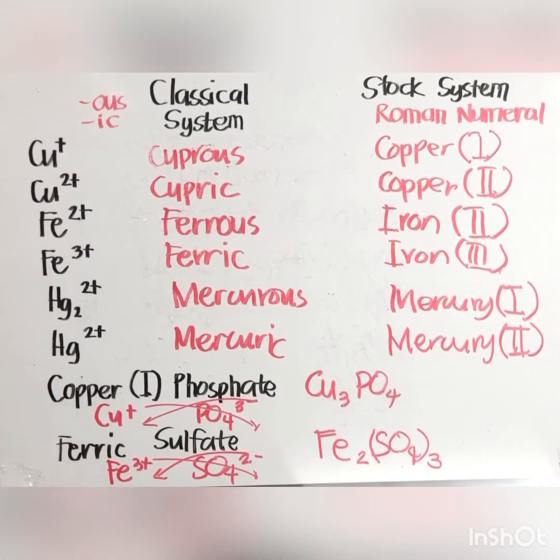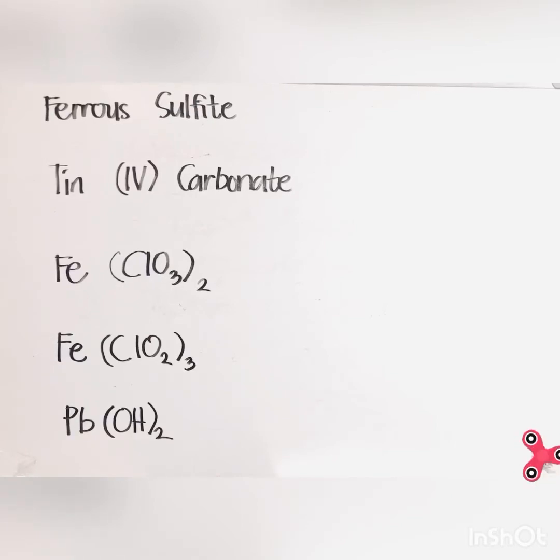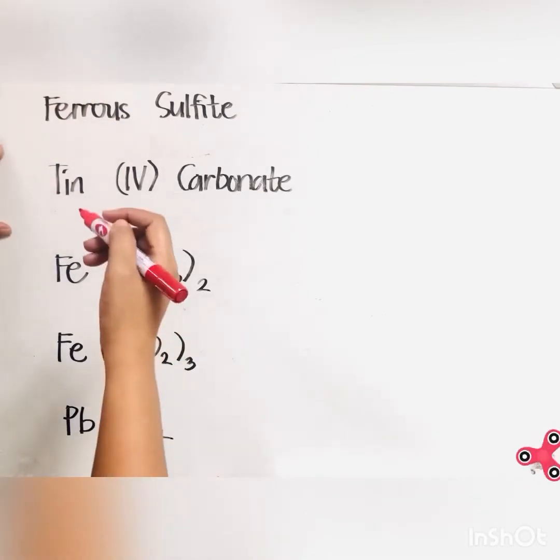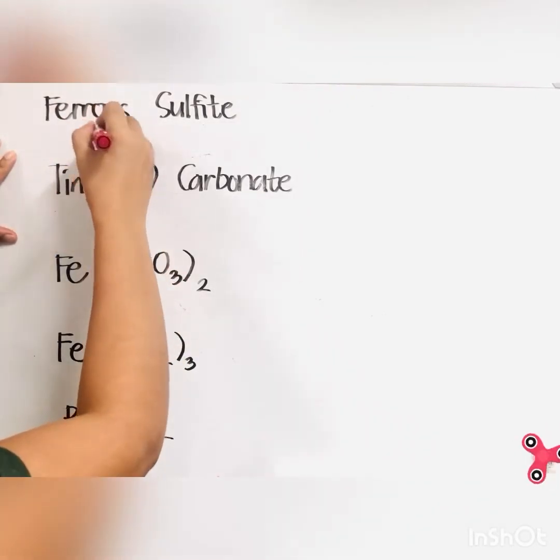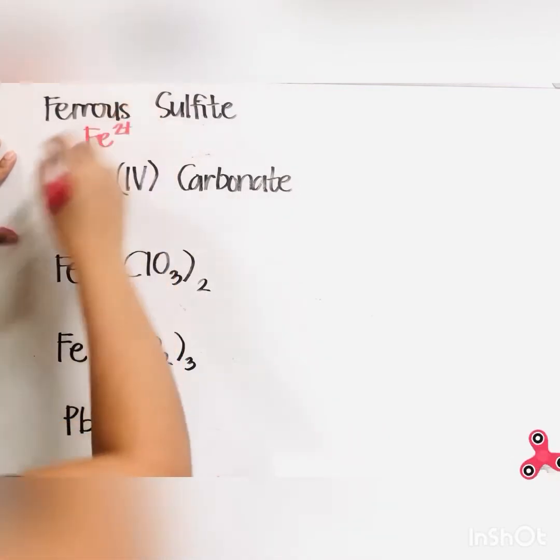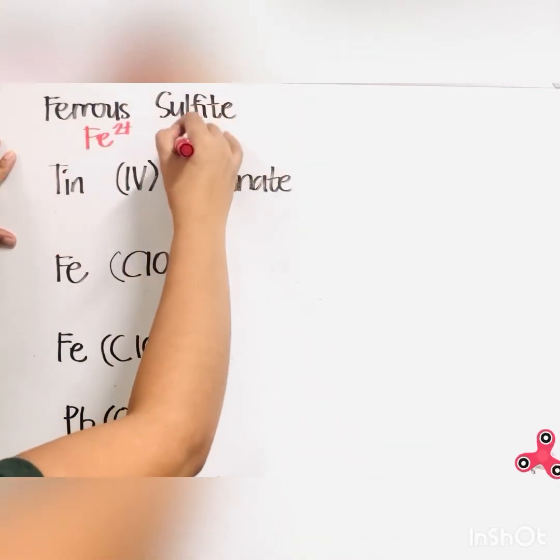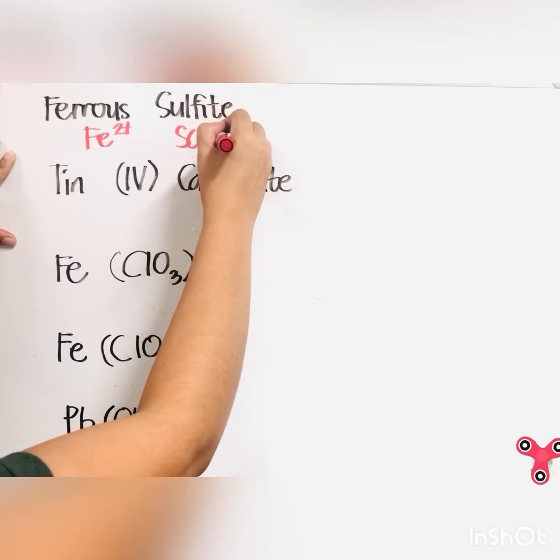Okay? So what if you have ferrous sulfide? How would you write the chemical formula for ferrous sulfide? You know that iron has 2 charges, 2 positive and 3 positive. OUS is for lower charge, which is 2 positive. So you can write that as Fe2+. For the crossing over, sulfide is written as SO3. Charge is 2 negative.